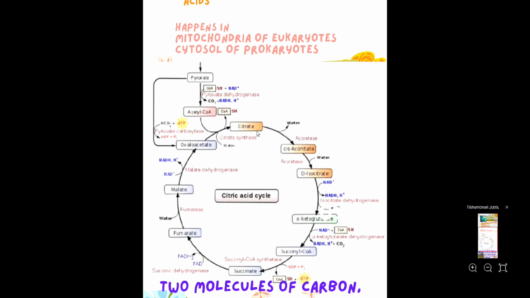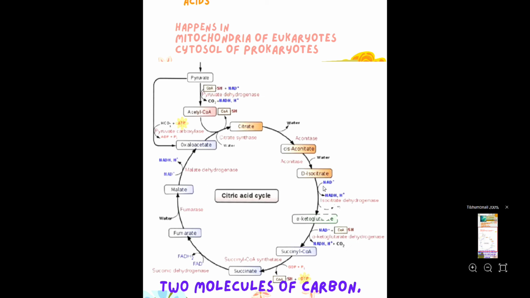In this reaction, citrate synthase works as the catalyst. Next, citrate is isomerized into isocitrate by the enzyme aconitase.